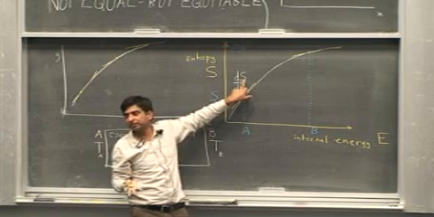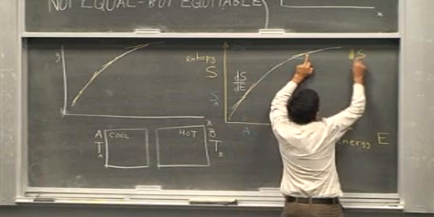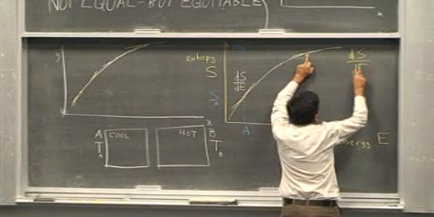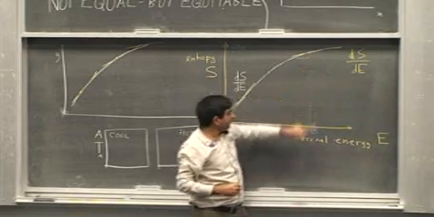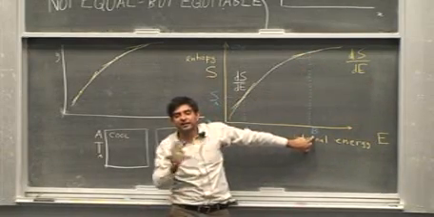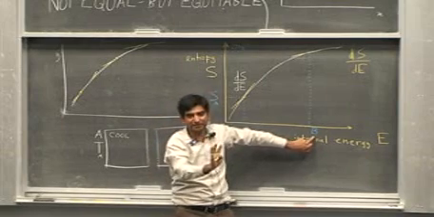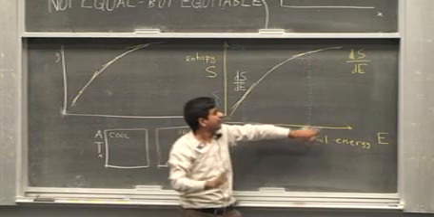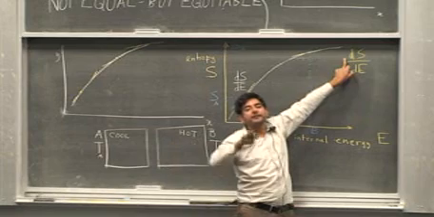Alright, this is what the slope means. Here this slope is also dS over dE. Here the slope means if object B, which is at a higher temperature, loses energy, because it has to lose energy, it's at a higher temperature, if the energy is to drop, how much does the entropy decrease?